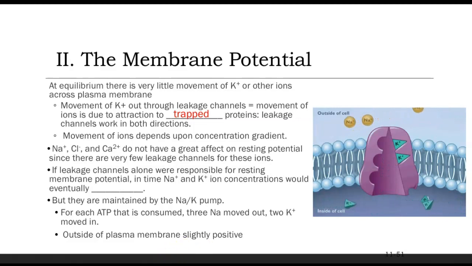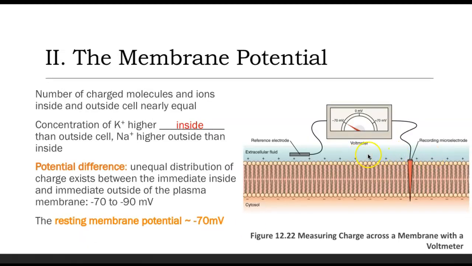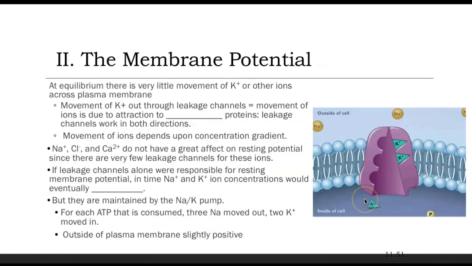If the leakage channels alone were responsible for the resting membrane potential, in time the sodium and potassium concentrations would eventually equalize. So we wouldn't see the polar difference that we have here, positive outside and negative inside. But they are maintained through the special sodium-potassium pump that we find in the membrane.